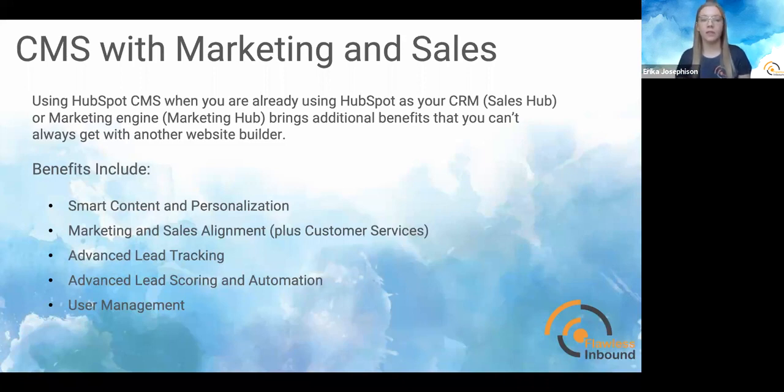Some of the benefits of working with CMS when you're already using the other hubs, one of the number one ones is smart content and personalization. This means you can set content on your website and landing pages to change based on data you already know about your existing contacts. For example, in our flawless landing pages, we have content set per industry.